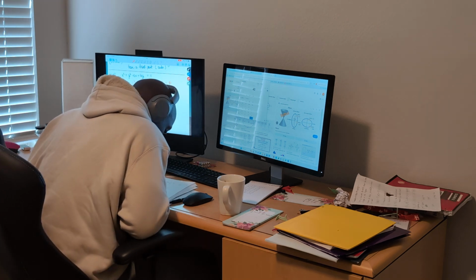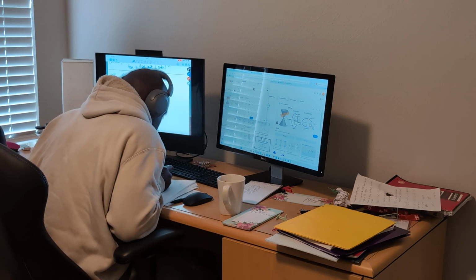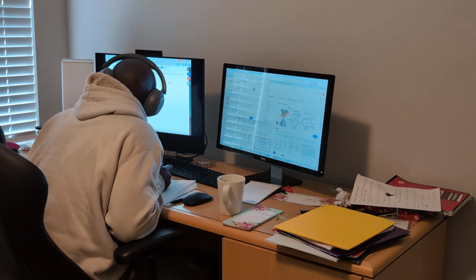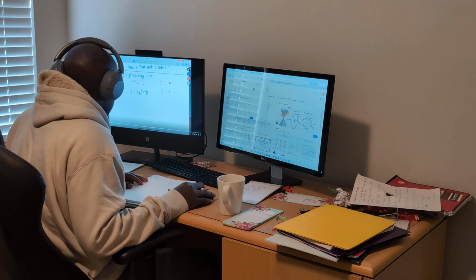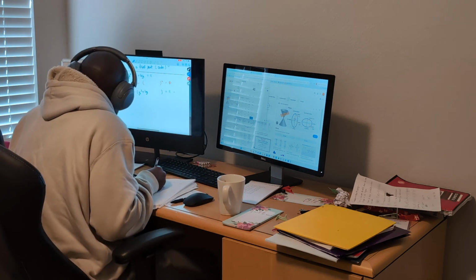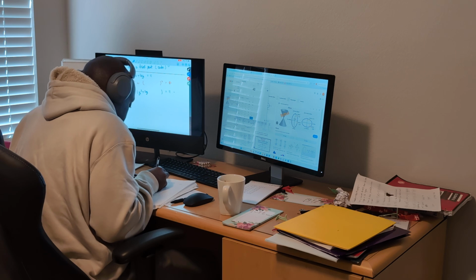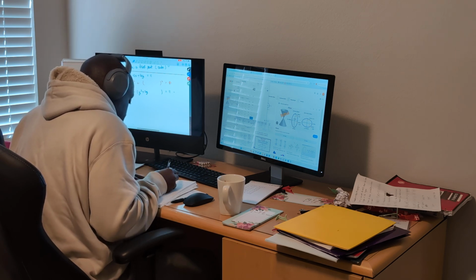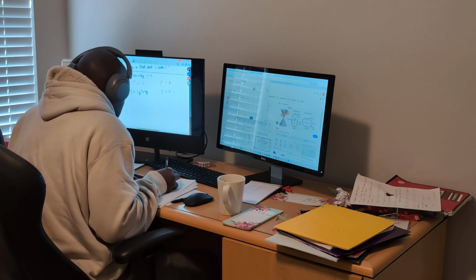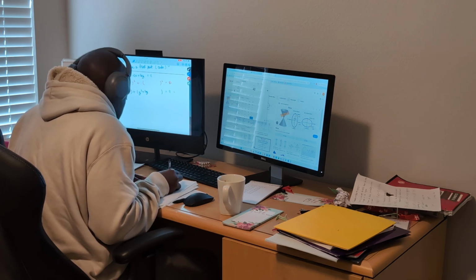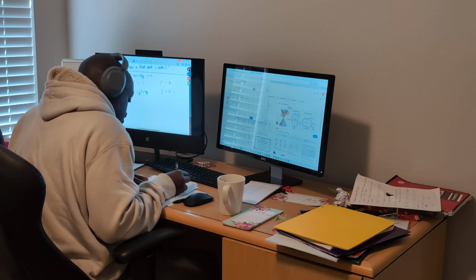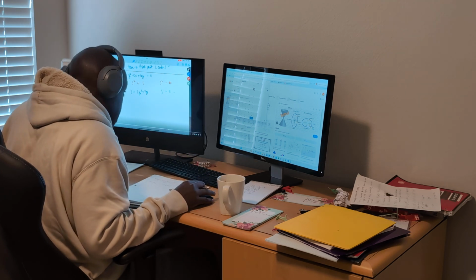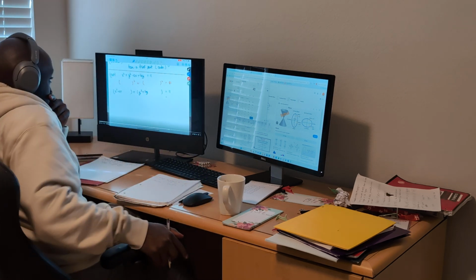So what we do is we just regroup the x's, leave a space, group the y's and leave a space, and if the number isn't already over on the right-hand side by itself, we'll move it here.